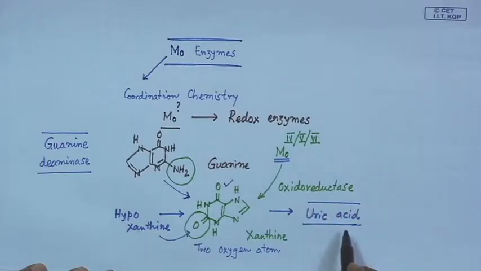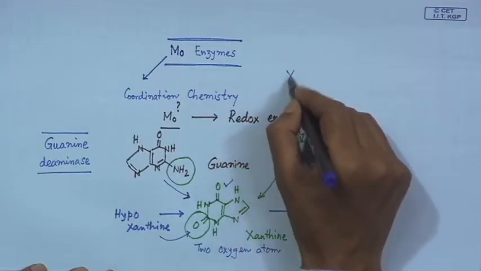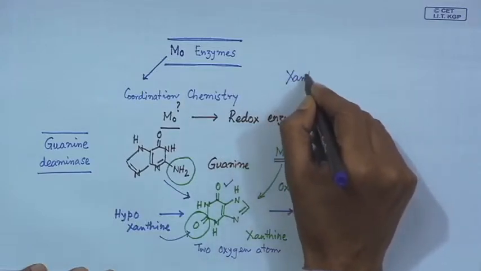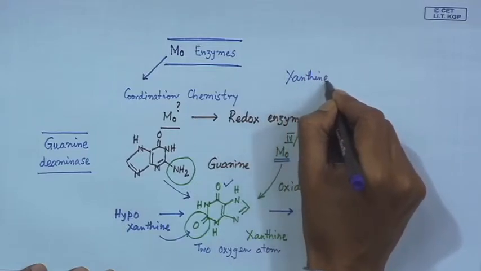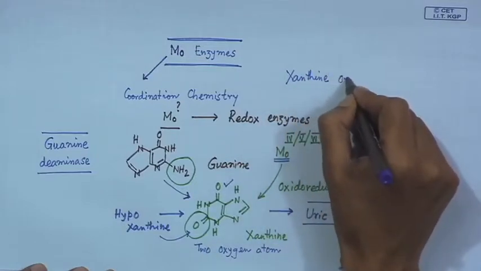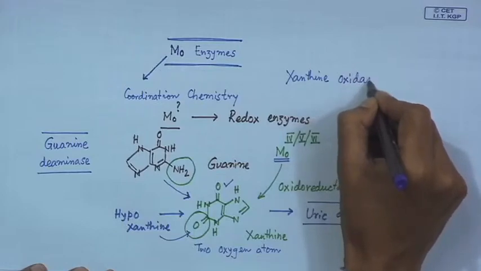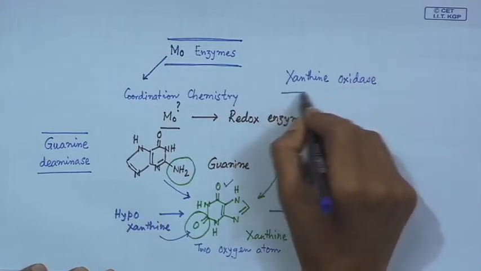So, this particular reaction, when the xanthine is transforming to uric acid, we call these molecules xanthine oxidase, because the xanthine molecules are getting oxidation.